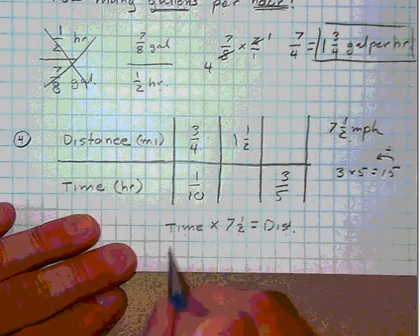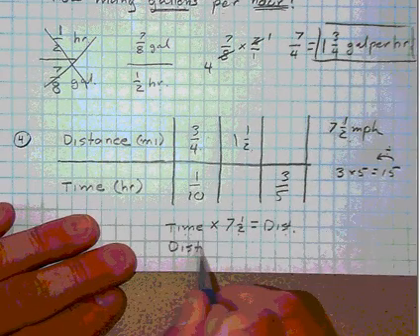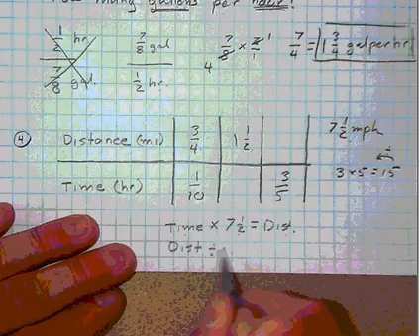Think of it like when we did 3 times 5 equals 15. The inverse of that is also true. 15 divided by 5 equals 3. So if I do time times 7.5 equals the distance, that means that the distance divided by 7.5 equals the time.